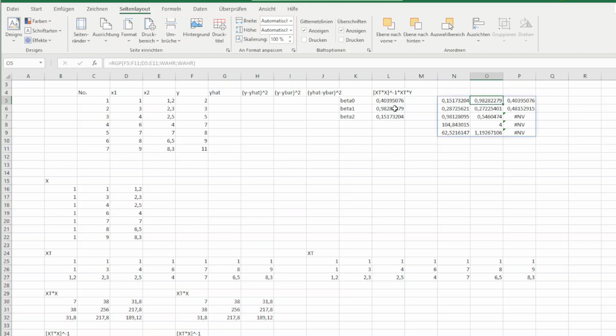This is beta 1 equals this, and this is beta, oh, other way around, sorry. This is beta 0. So beta 1 and beta 2.